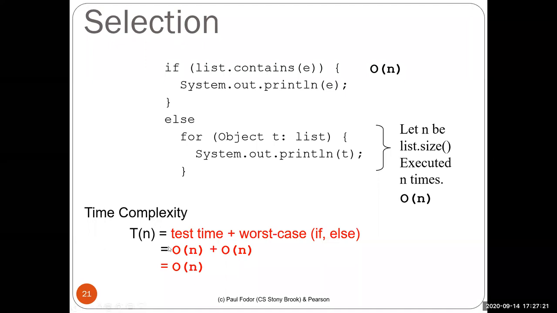The time complexity for this if statement is the test time, which was O of n, plus the worst case on both if and else branches. On the if branch, we have 1. On the else branch, we have n. So O of n will be the worst case, because the worst case goes on the else branch.